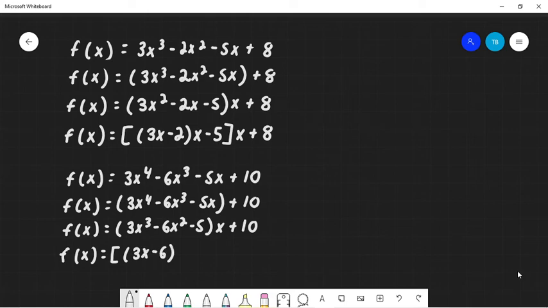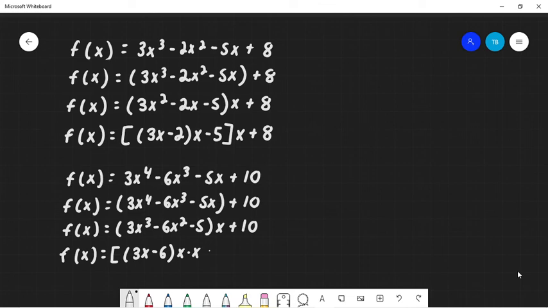And then out here on the right-hand side of the parentheses, we're going to write x times x rather than x squared, because remember, the whole purpose of writing a polynomial in nested form is so that the polynomial is expressed only in linear terms. So instead of doing x squared, we'll do x times x.